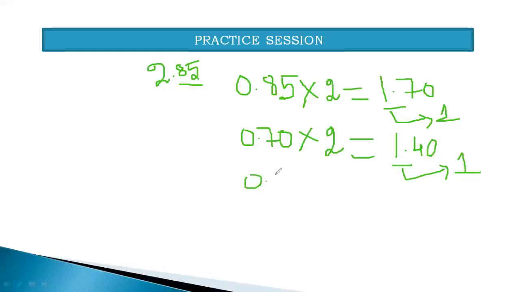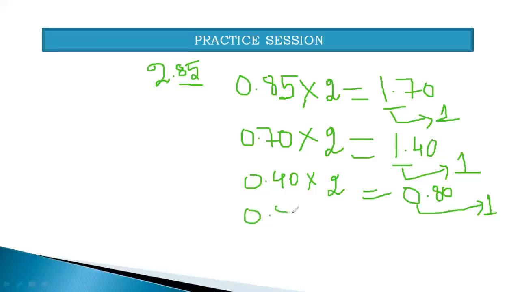The new number is 0.40 multiplied by 2. The new number is 0.80. In the same way, extract 0 from here. Now the new resultant is 0.80. Multiply it by 2.